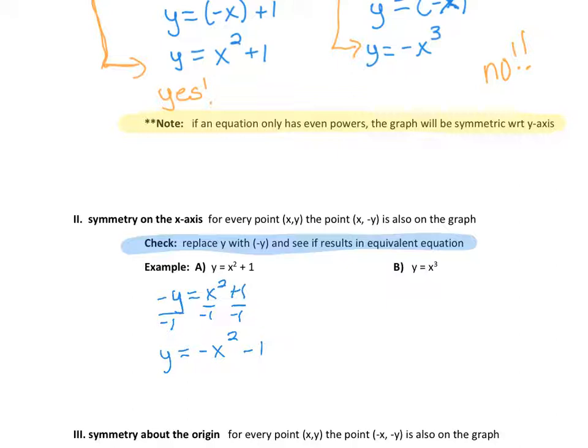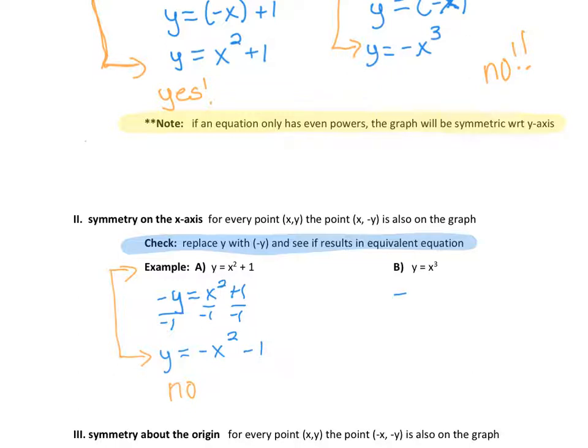And once again, we are comparing this equation with this equation. And those are definitely not the same. So we would say that no, these are not symmetric over the x-axis. So let's take a look at this one.